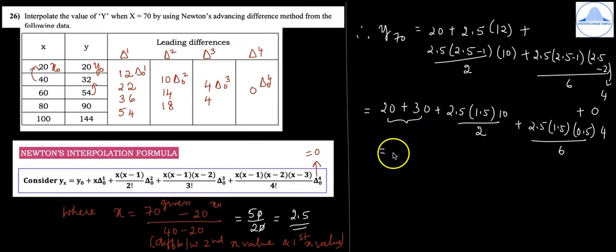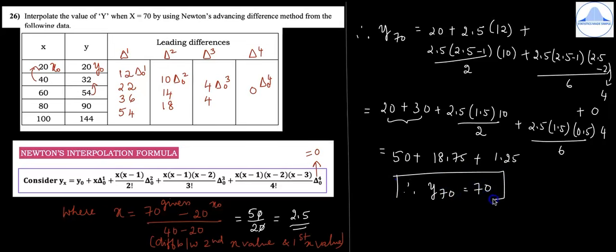So you will get 50 plus, when you multiply 2.5 into 1.5 into 10 divided by 2, you will get 18.75 plus 2.5 into 1.5 into 0.5 into 4 divided by 6 will be 1.25. So final answer is therefore y70 is equal to 70.